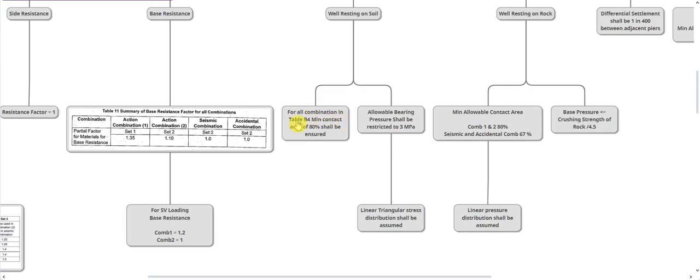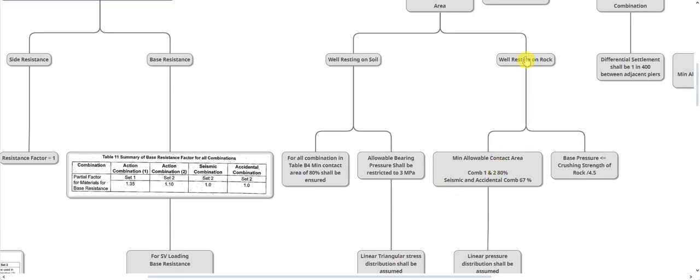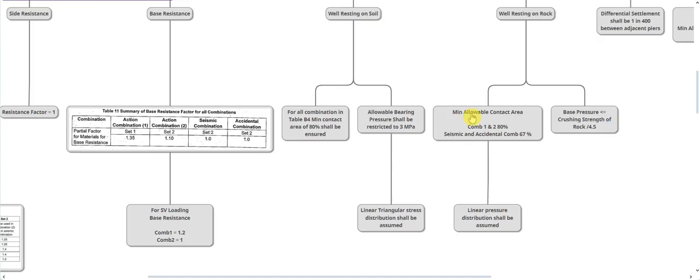For case of soil, the combination we shall refer to is table B4 of IRC 6, and we shall ensure a minimum contact area of 80%. In addition, the allowable bearing pressure shall be restricted to 3 MPa, and linear triangular stress distribution shall be assumed during the calculation of bearing pressure.